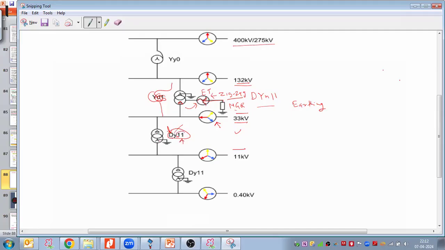If you see this 11 and this vector configuration, how much shift have we done? Earlier it was at 1 o'clock. This is my HV voltage, this is my LV voltage, right? So now this 1 o'clock has to go to 11. 11 means my LV leads HV by 30 degrees.